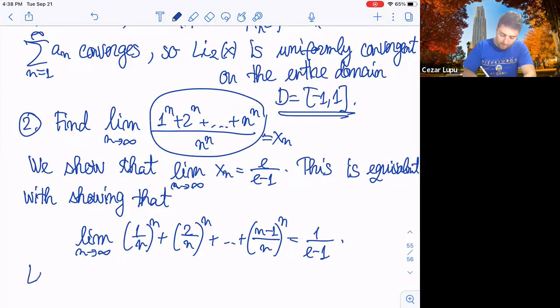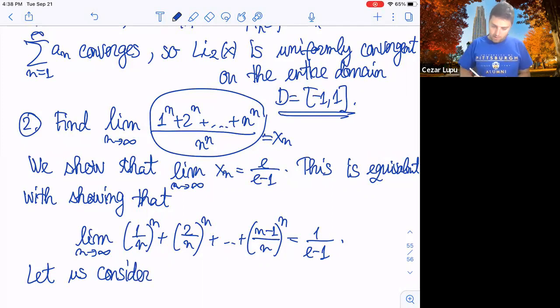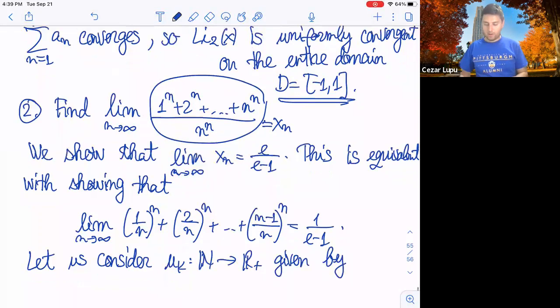So let us consider u of k, with values in the non-negative reals, and this will be given by the following.